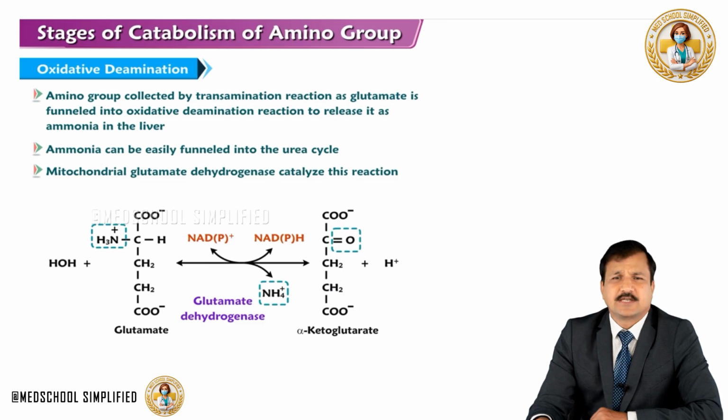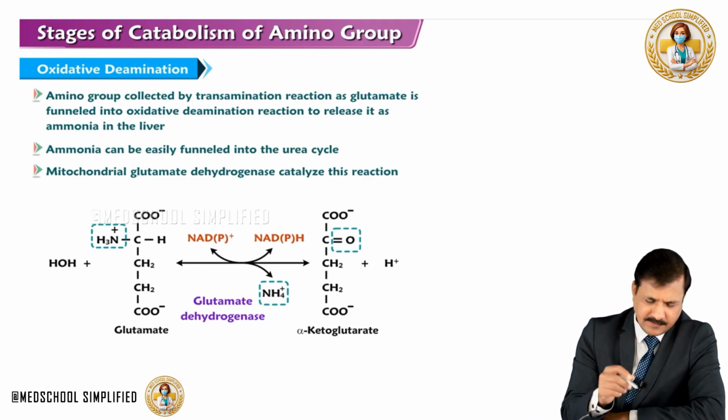So it makes it easier to handle ammonium ion in the mitochondrial matrix. Look at the compartmentalization. Glutamate dehydrogenase is in the mitochondrial matrix. The first two reactions of the urea cycle, which handle ammonium ion, are also in the mitochondrial matrix. So that is how it is compartmentalized in the liver.